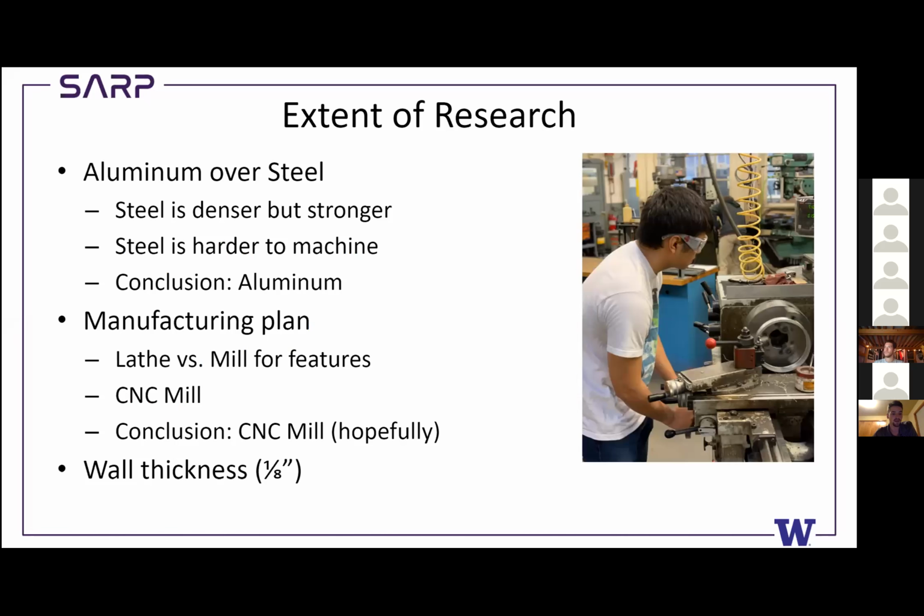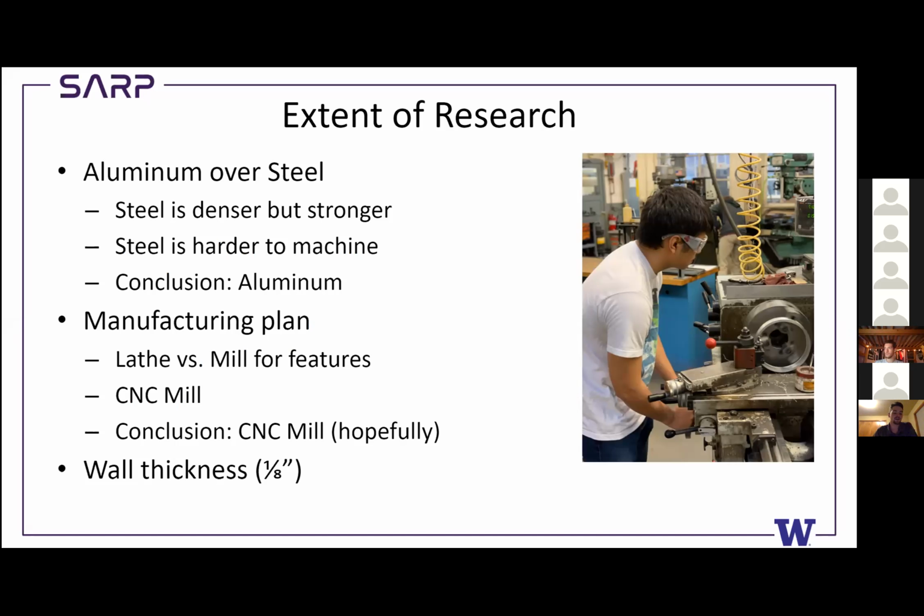We've talked about what our plan is for manufacturing, whether that's on the lathe or the CNC mill. We concluded that the CNC mill, hopefully, will be our best option, while still using the lathe for some things. We'll talk about that later.